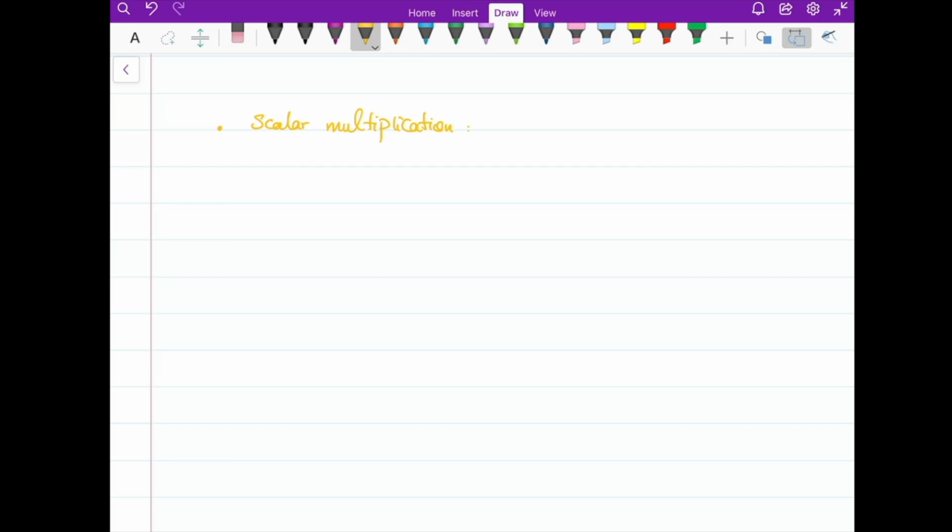And what do I mean by scalar? Scalar is just a number. Okay, so for example, if you have a vector u, then the vector 2u would be exactly in the same direction, but with a length that is twice as long as u.